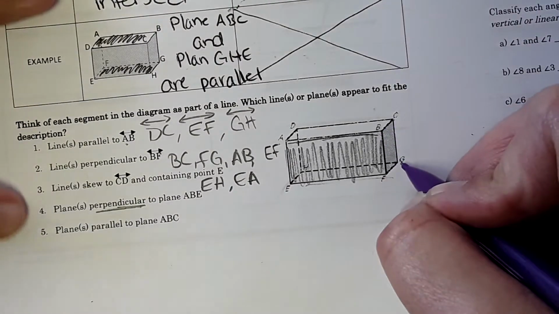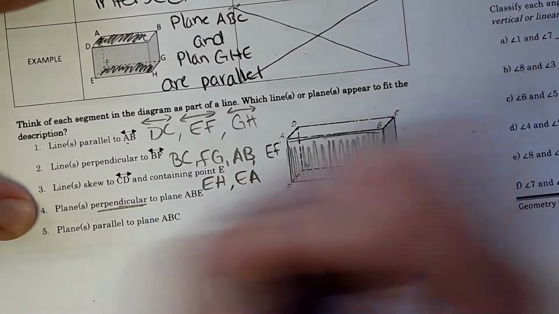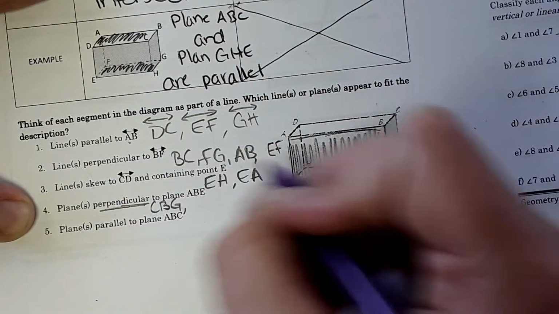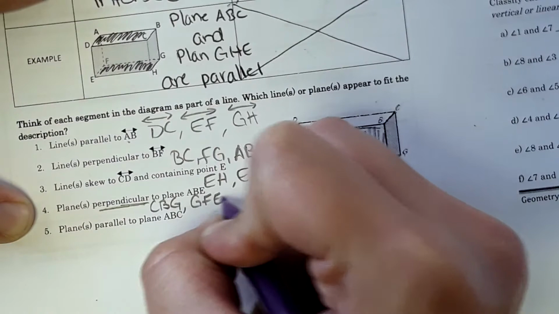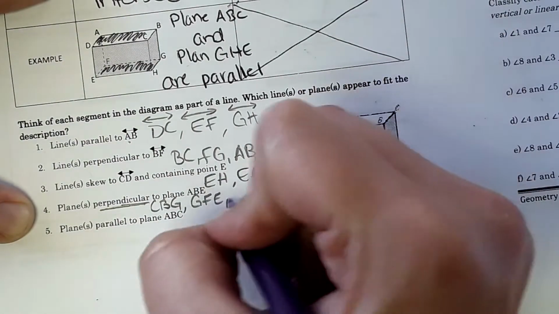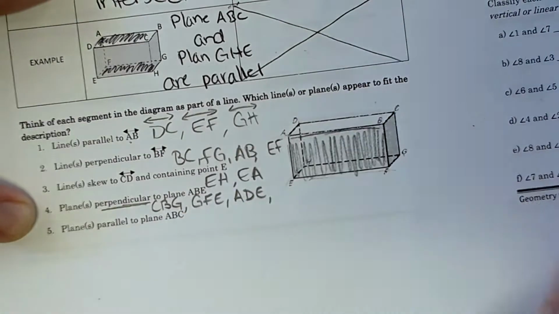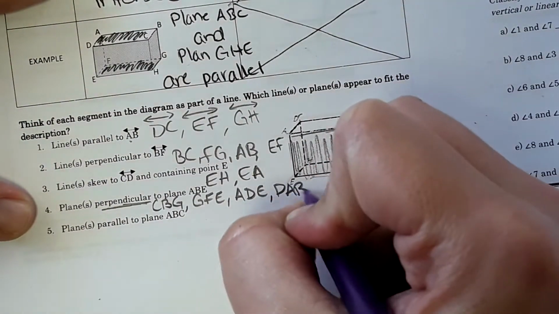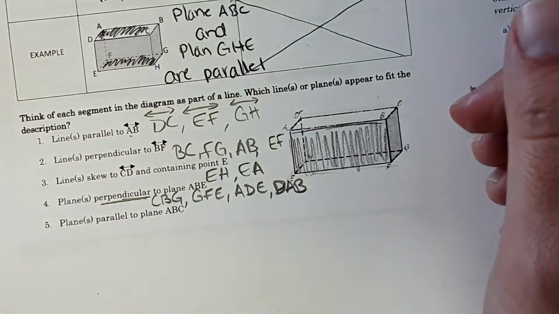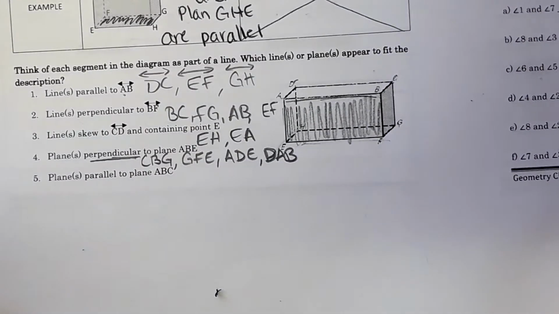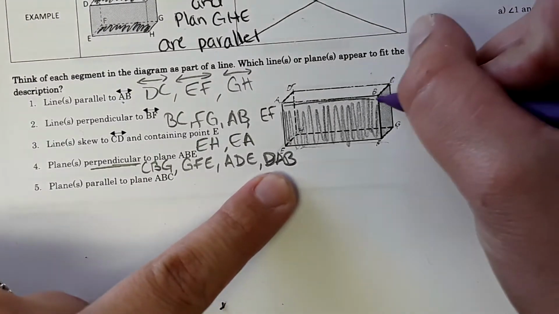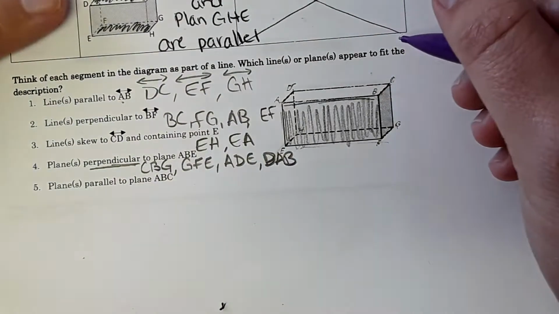So this one over here, remember to name the planes by 3 points, so CBG, GFE, ADE, and again, I'm just choosing 3 random points, DAB. So again, there's no one specific way to name those planes. I was just using 3 points. It doesn't matter which order.